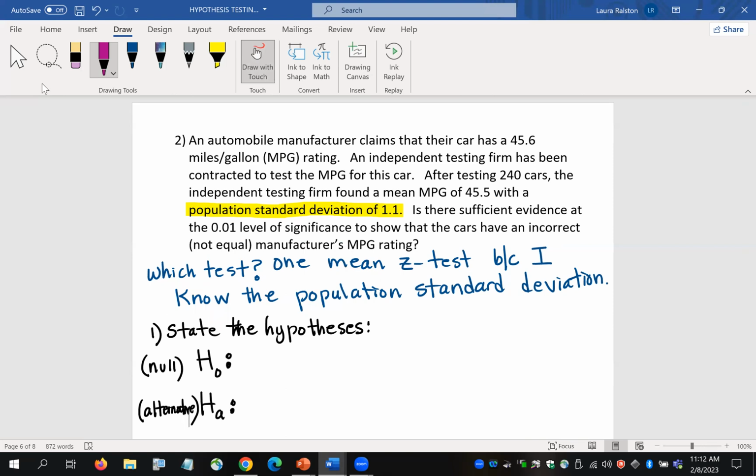So this says, is there sufficient evidence to show that the cars have an incorrect manufacturer's miles per gallon rating? Now you have to also go back up here and pick up that the manufacturer is claiming that it is 45.6 miles per gallon. And it explains what it means by that phrase, incorrect.